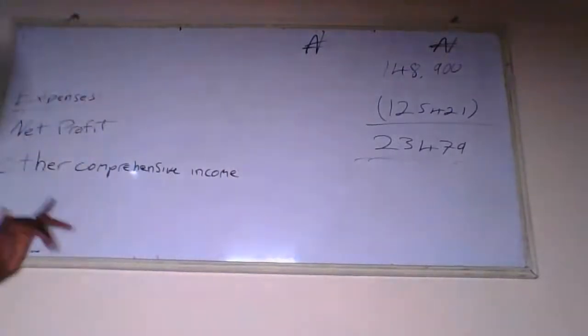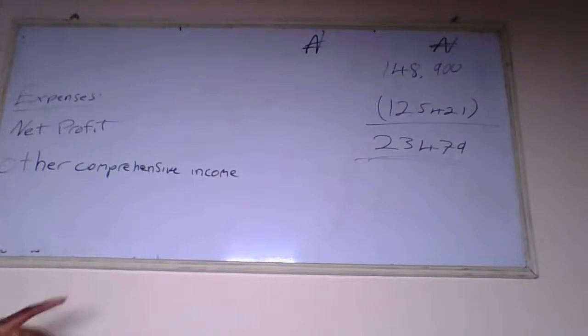If the question did not ask you to include other comprehensive income, you will not touch this. But since they say other comprehensive income, the value given to us in the question is 46,000. And now we're saying they revalued it to 60,000.